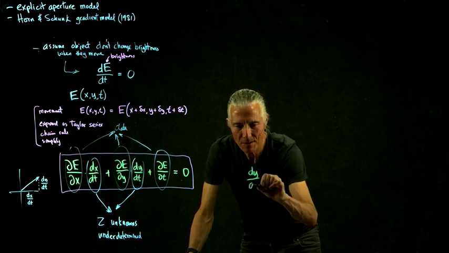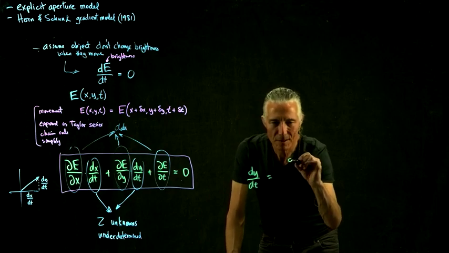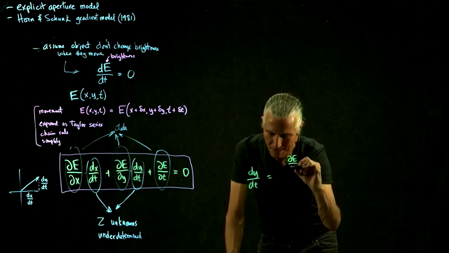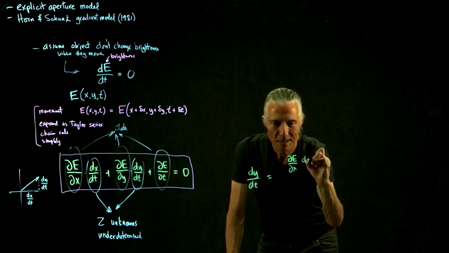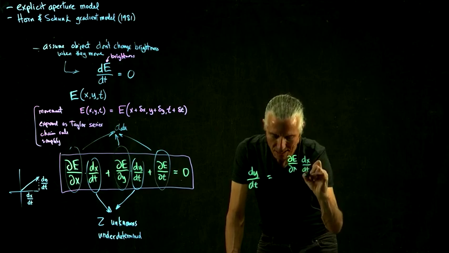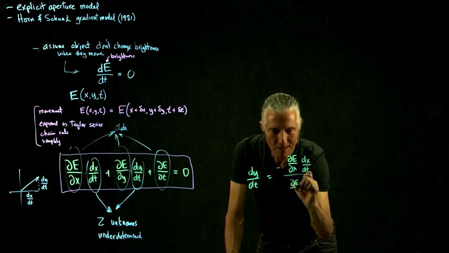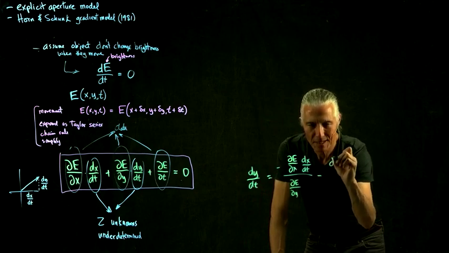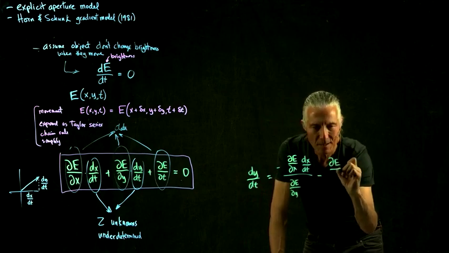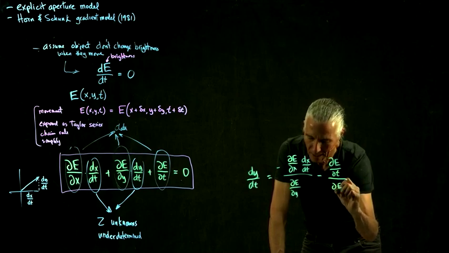So here's the y component, and that equals partial derivative of this with respect to x times dx dt, a minus there, divided by this thing in the y direction. And then we're subtracting off. It's a big mess, but let's just write it out. So how does the image change over time, divided by how does the image change in the y direction.